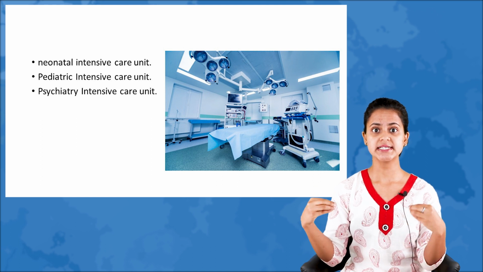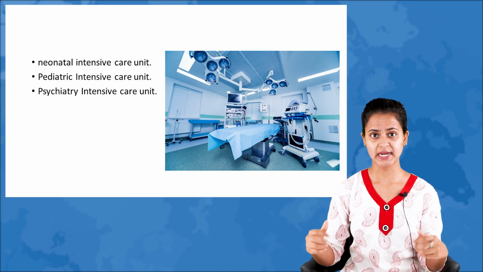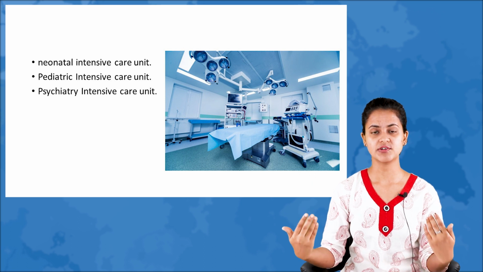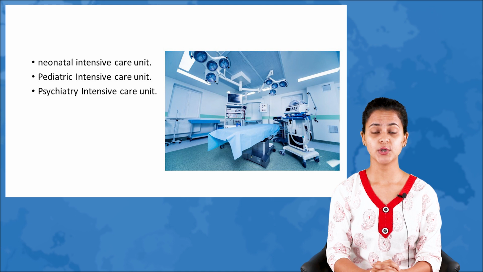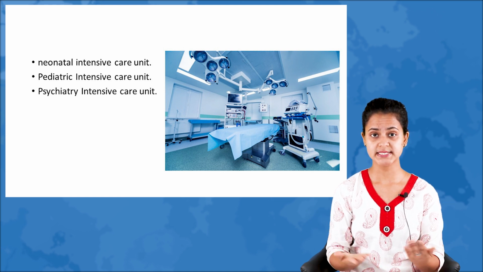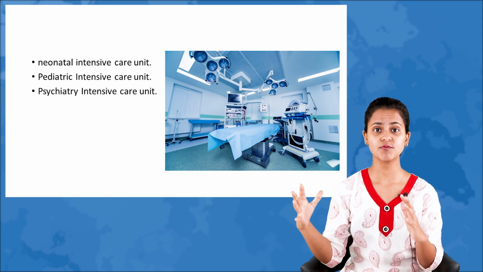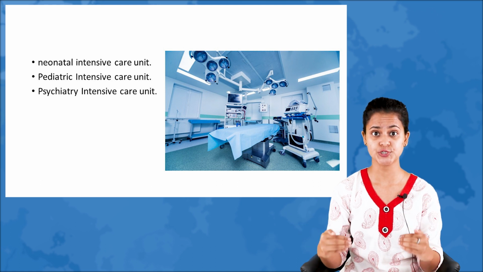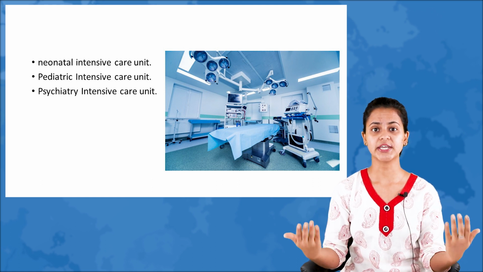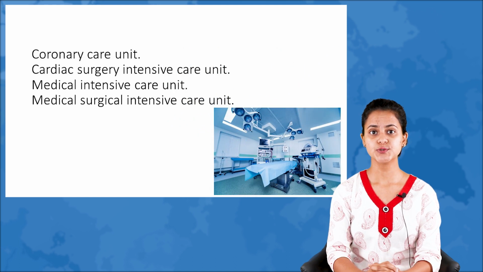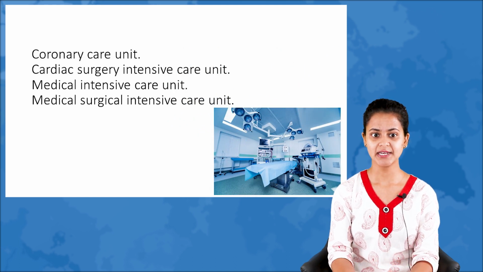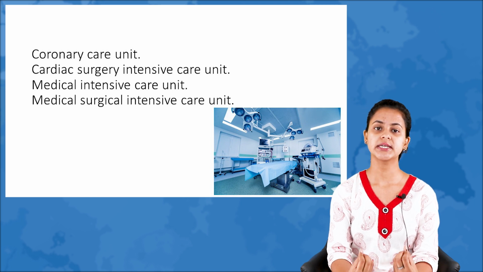This specialized intensive care unit provides medical and nursing care to the pediatric group. A psychiatry intensive care unit will almost always be present. Basically, they deal with psychiatric patients who have very acute and severe disease progression. Next, we are also going to see that an intensive care unit can be termed a coronary care unit.